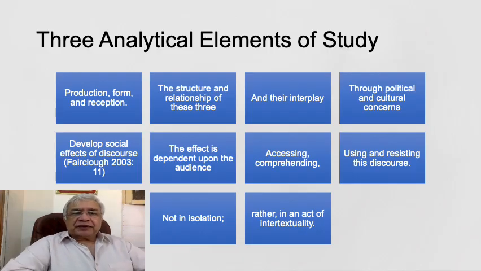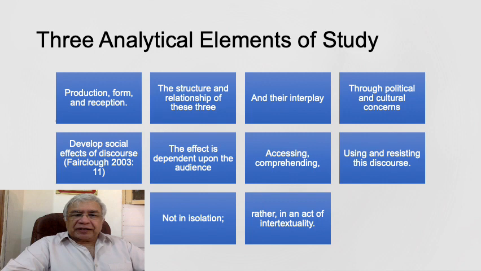And next come three important analytical elements of study in discourse analysis. These are production, reception, and the relationship involved in it. This is a type of interplay everybody knows. There are many political and cultural concerns related to that, and one is required to see what kind of influence and effect is going to happen on the audience, how they are assessing it, and how the discourse developer is using and understanding the resistance.